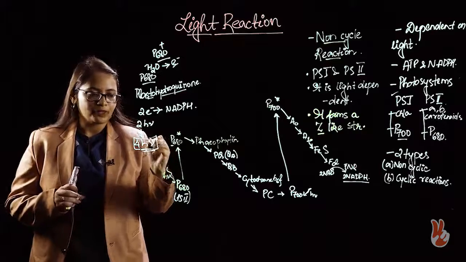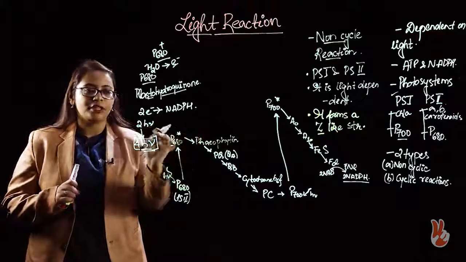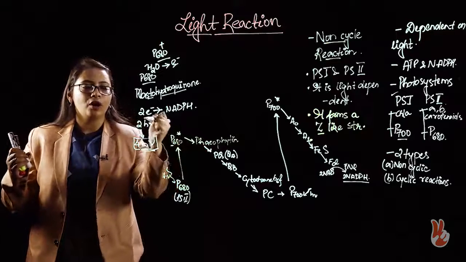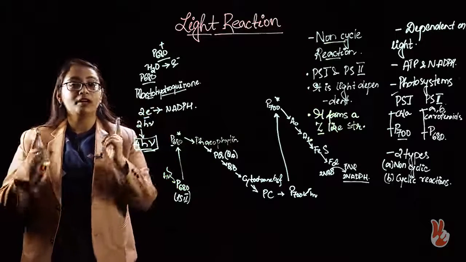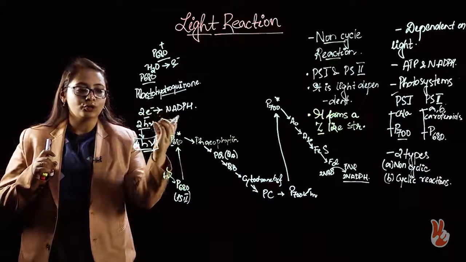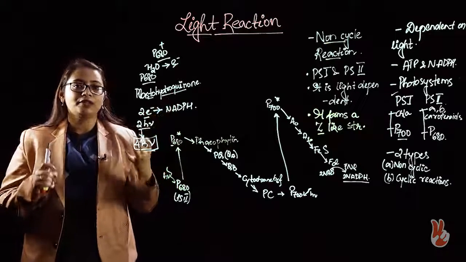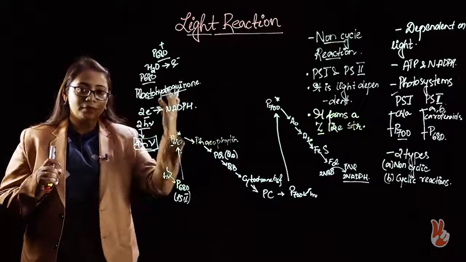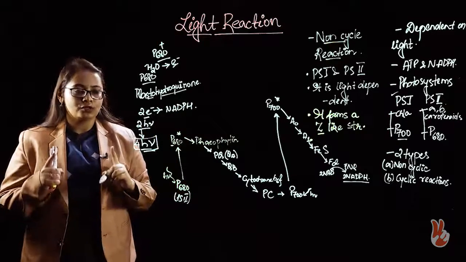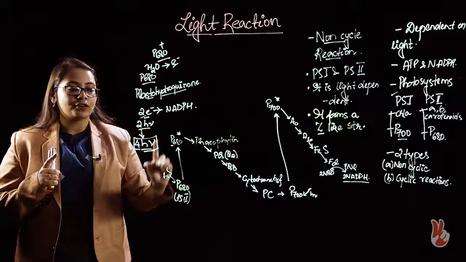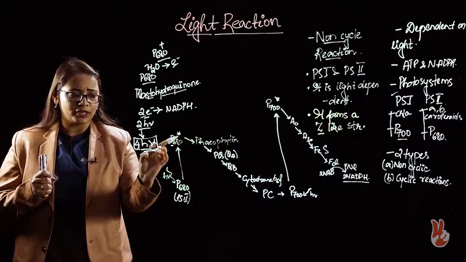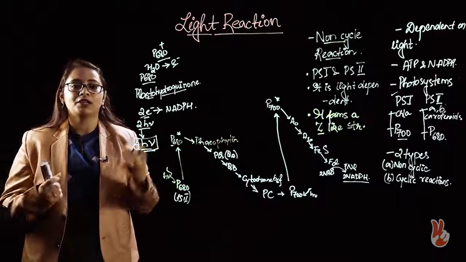I hope this calculation is quite clear to you. I will repeat it again: for 1 molecule of NADPH we require 2 electrons, and 2 light packets are absorbed by each of these photosystems to transfer 1 electron. So for transferring 2 electrons, 4 energy packets are actually absorbed.